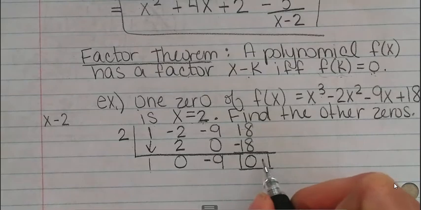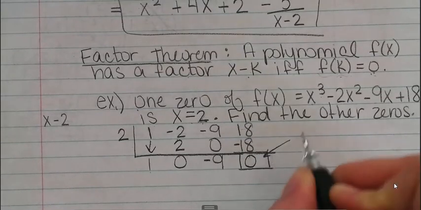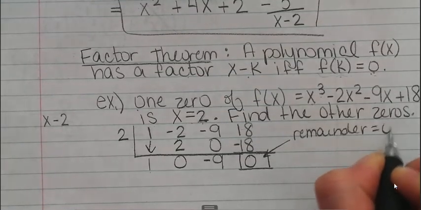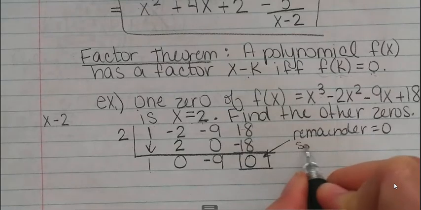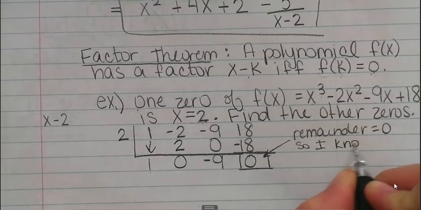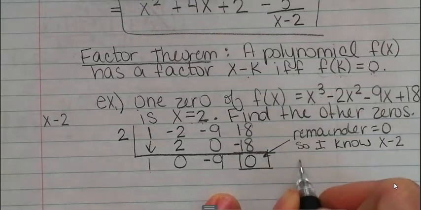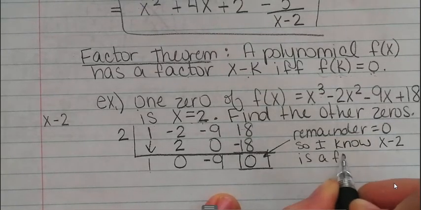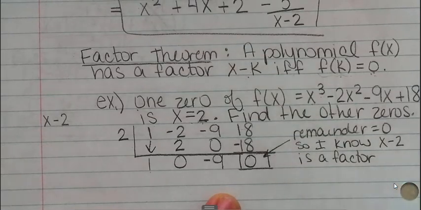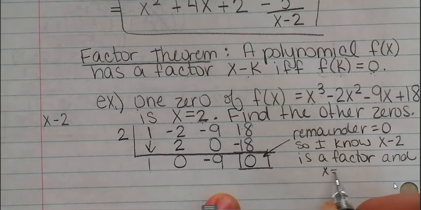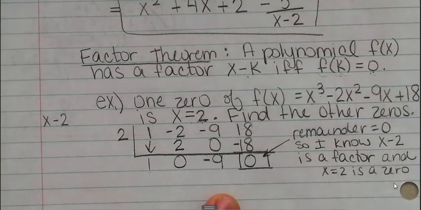This tells me that if my remainder is 0, so remainder equals 0, then I know x minus 2 is a factor, and x minus 2, or x equals 2, is a zero, or a root, or a solution.